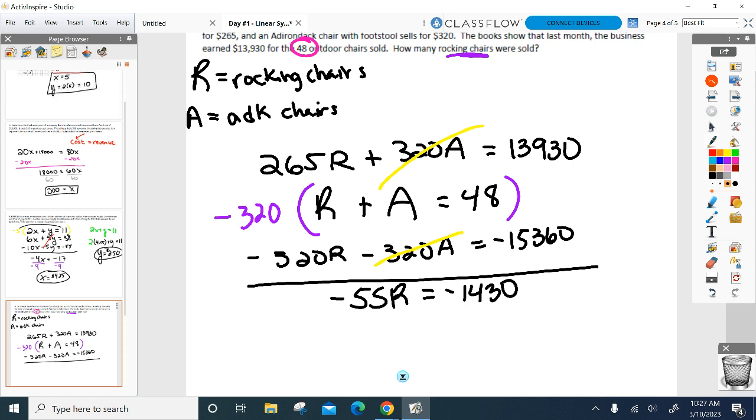Yep. So I'm going to have how many rockers? 26 rocking chairs. And again, I can't stress this enough. If you ended up solving for A and eliminating R, plug it back in. All right, it's not going to hurt you.